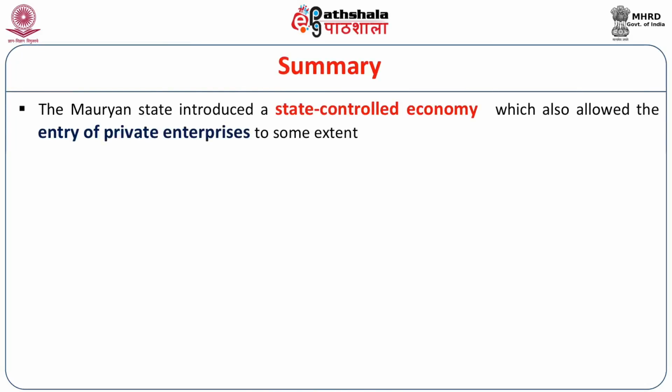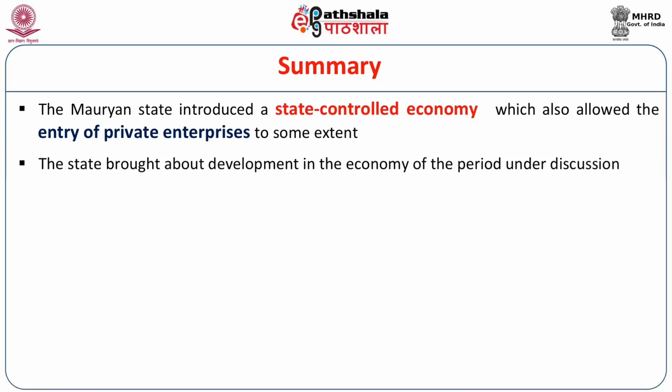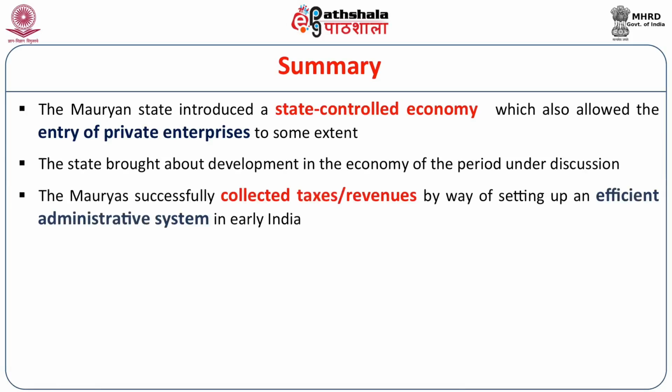So, in a nutshell, what do we get about the economic conditions during the Mauryan period? First of all, the Mauryan state introduced a state-controlled economy, which also allowed the entry of private enterprises to some extent. The state brought about development in the economy of the period under discussion. The Mauryas successfully collected taxes or revenues by setting up an efficient administrative system in early India.